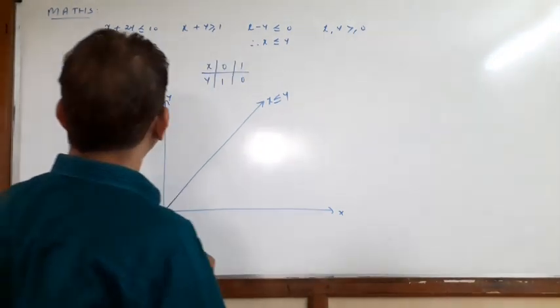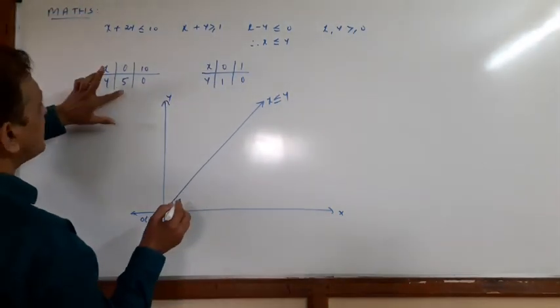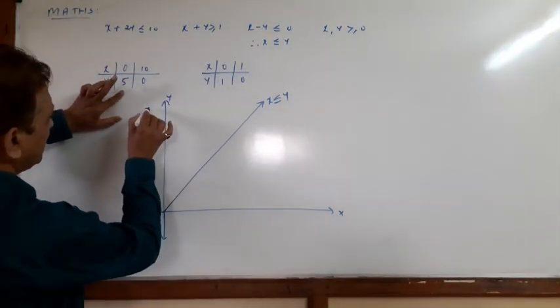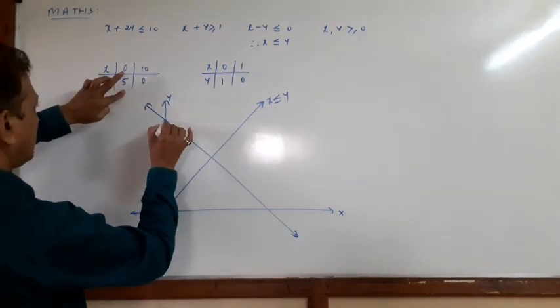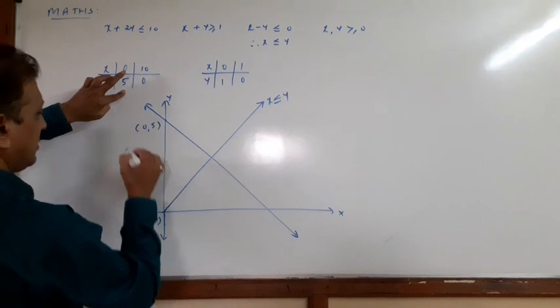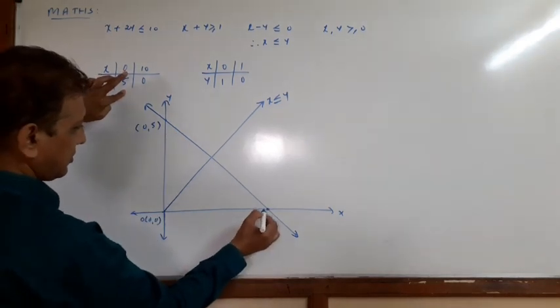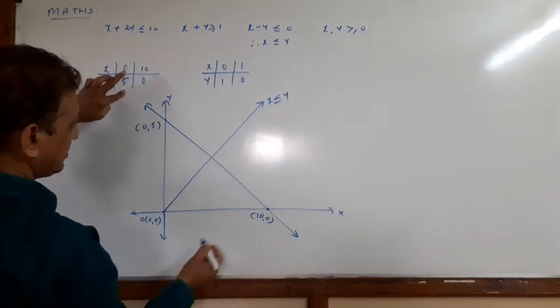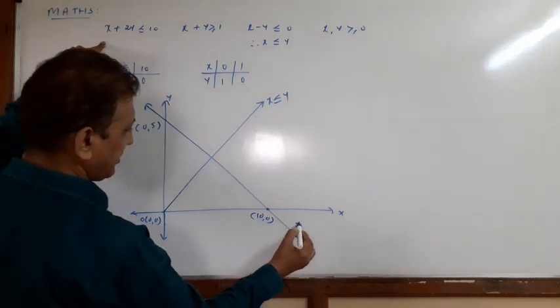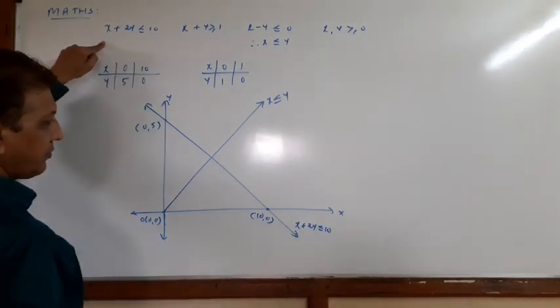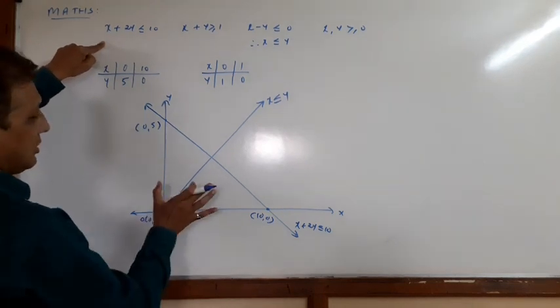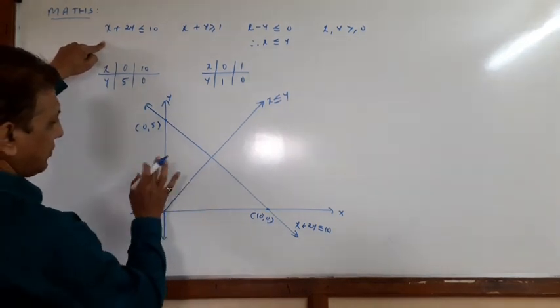Now draw the 10, 0 and 0, 5. 0, 5 and 10, 0. x plus 2y. Okay, this will be cancelled, this portion.